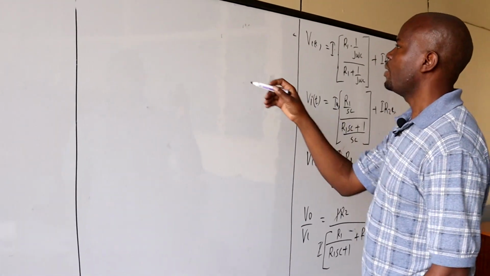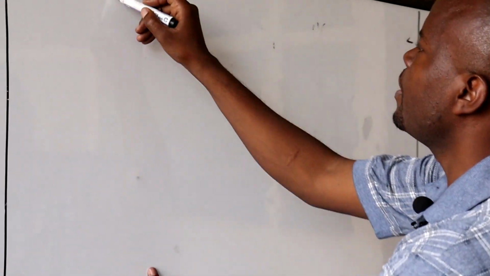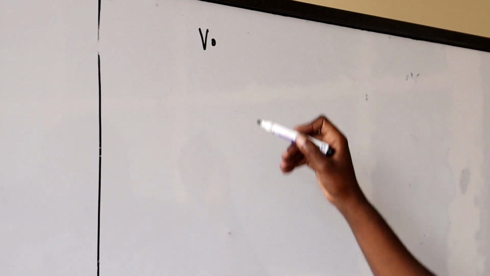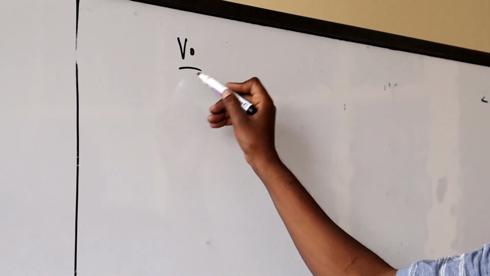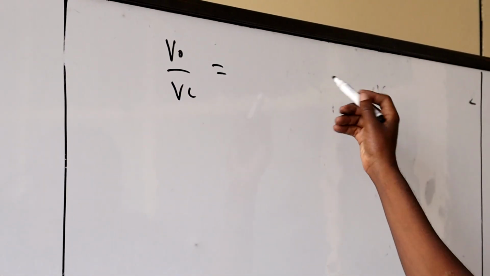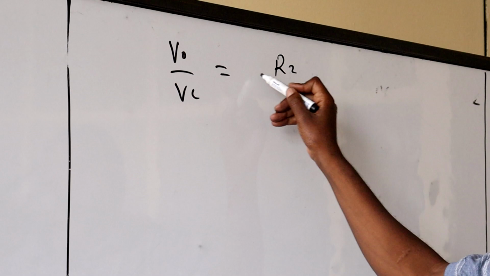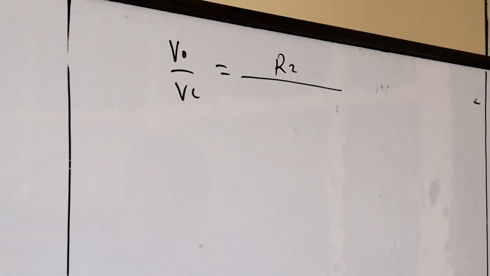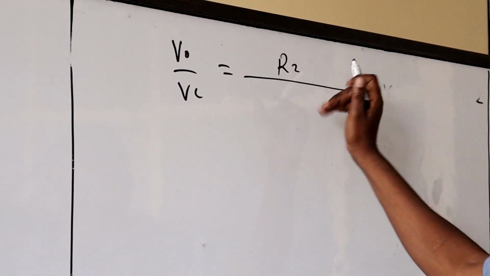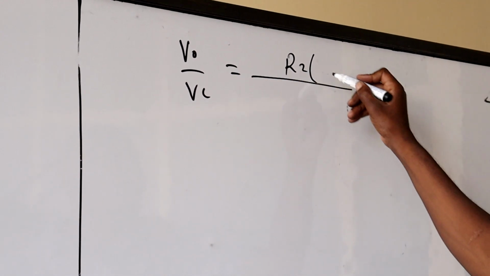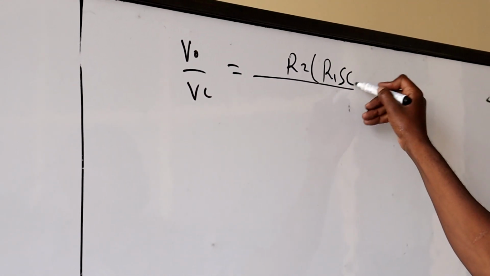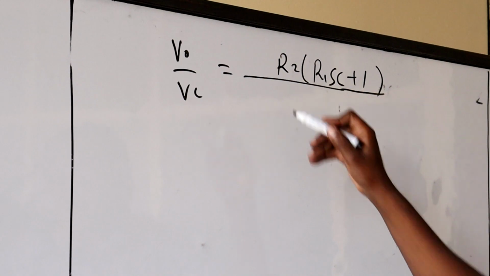So we are going to have R2, therefore V out over Vi is going to be R2 all over R1 plus R2 into R1 SC plus 1. Of course, that R2 multiplies R1 SC plus 1, that is going to go up there.